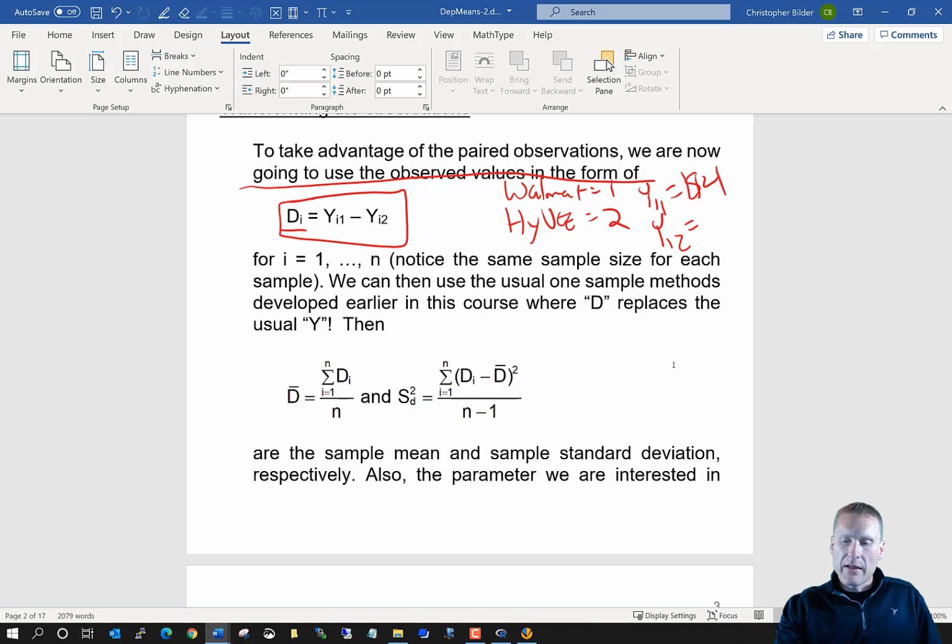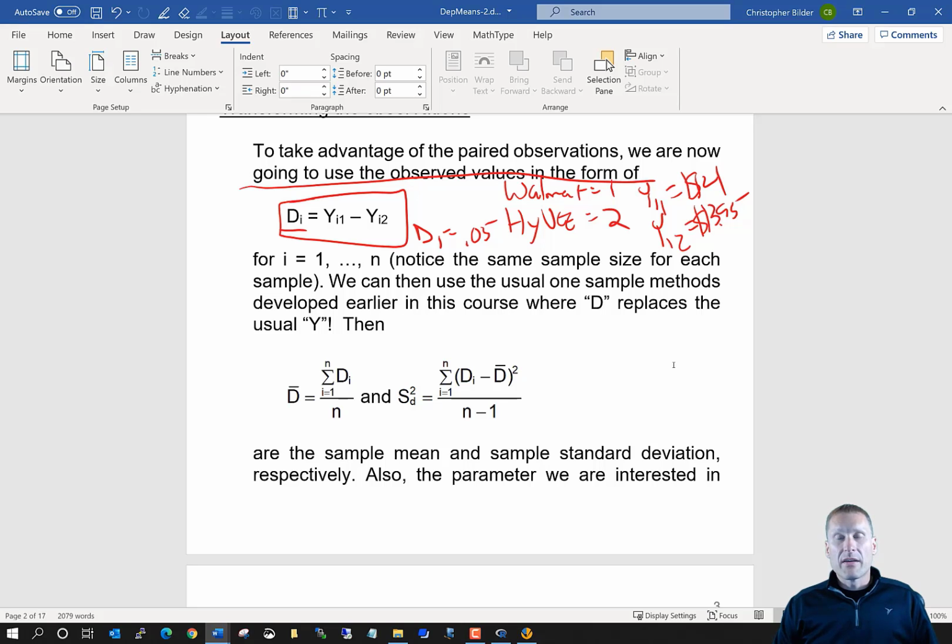Y12 is the price at Hy-Vee. And so that D1 is going to be 0.05 or 5 cents. And we're going to do that for every single set of observations that we have from our samples. So that now essentially you can say we have one sample of differences.